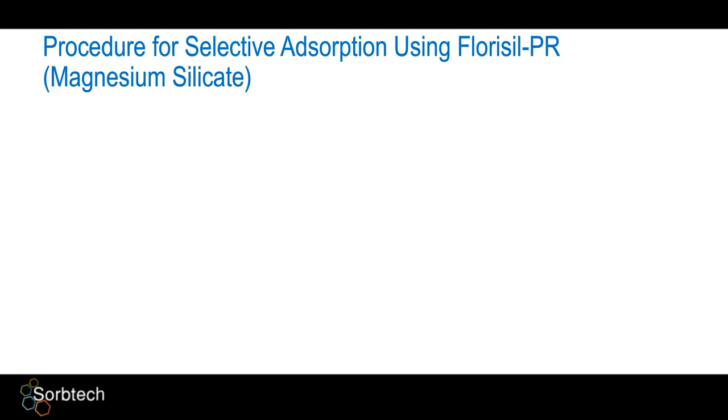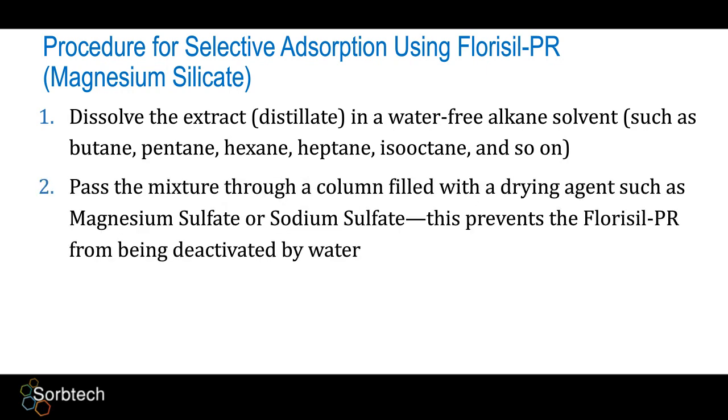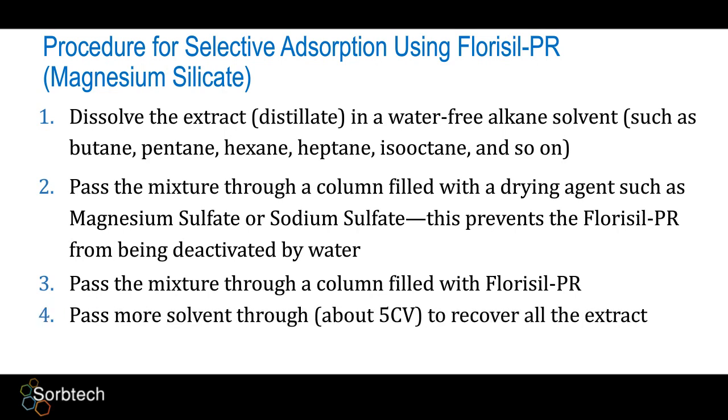The procedure for Florisil PR, which is magnesium silicate, is to dissolve the extract or distillate in a water-free alkane solvent, much like before, pass the mixture through a column filled with a drying agent, which prevents it from being deactivated by water as before, and then to pass it through the column, pass more solvent to recover all the extract, and evaporate the solvent.